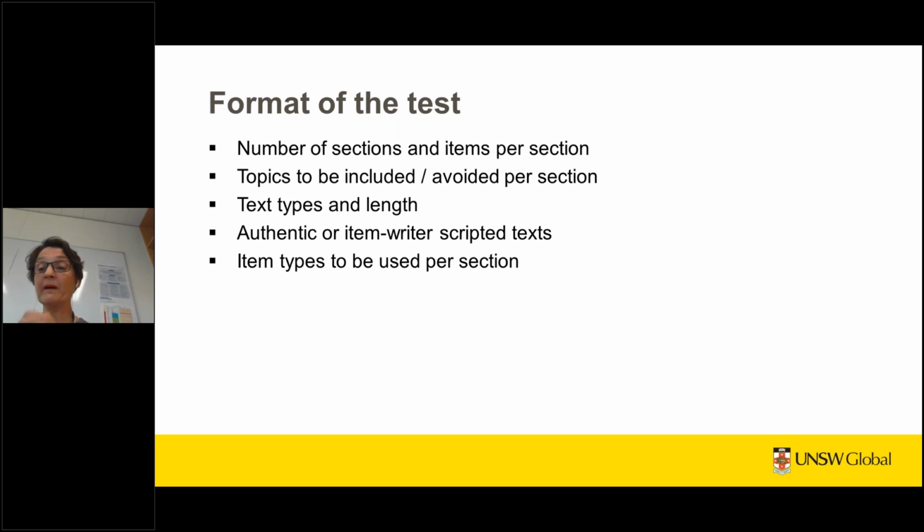Usually that's not managed by the test writing team, it's managed by some other administrative part of the organisation. So quite often, if it's going to be authentic, there'll be a list of areas in the media that you can use that are either copyright free or that you can easily get copyright from, or they might even be media from your own organisation.